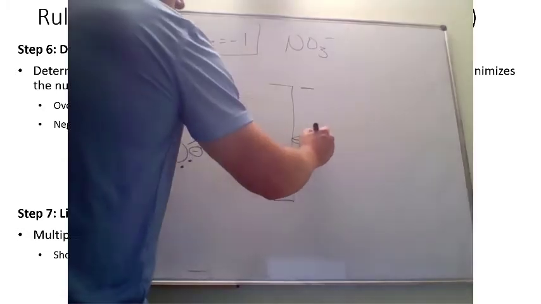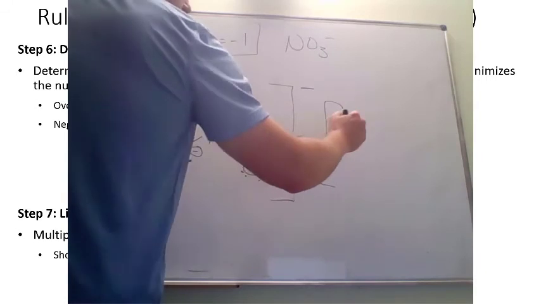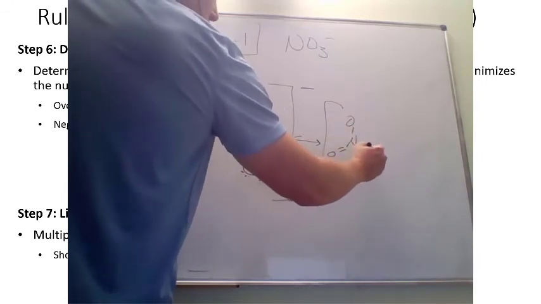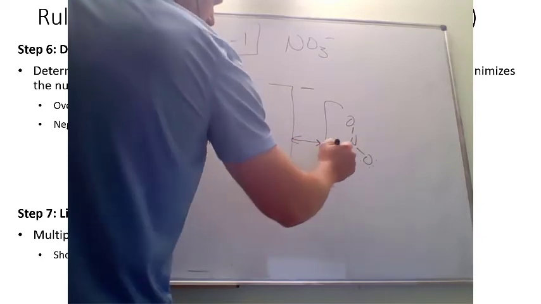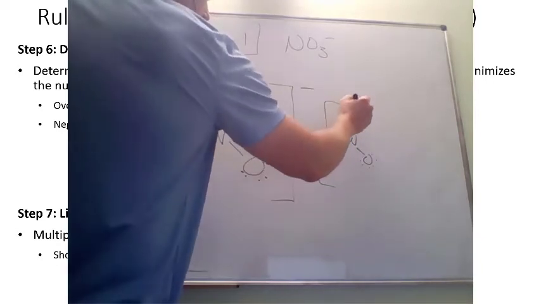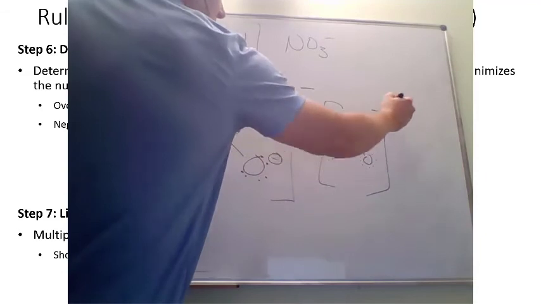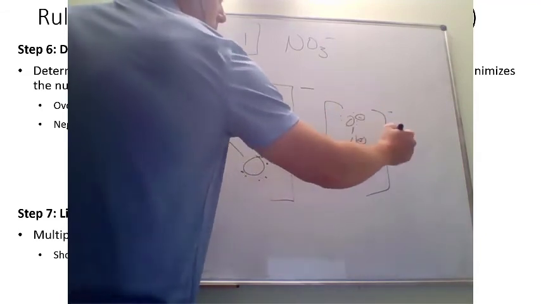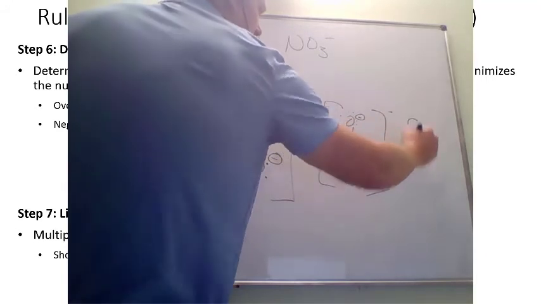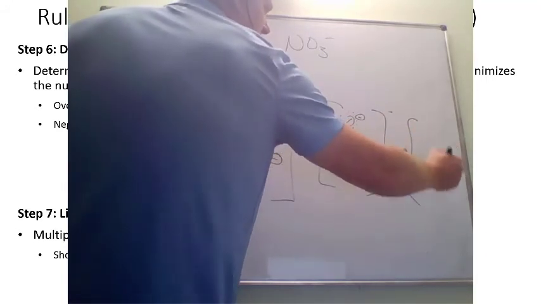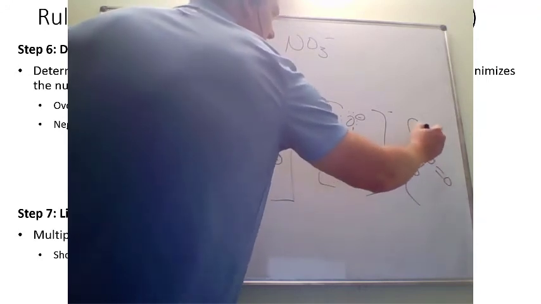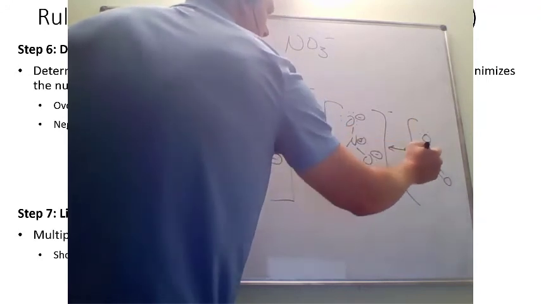So what exists are what are called resonant structures, which are other different species that could occur if we had drawn the species differently. So we have equal probability that we could have made that double bond with any of those 3 oxygens.